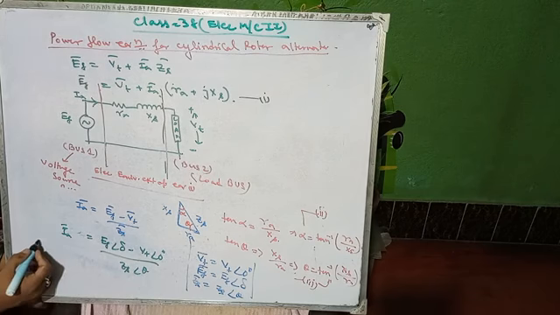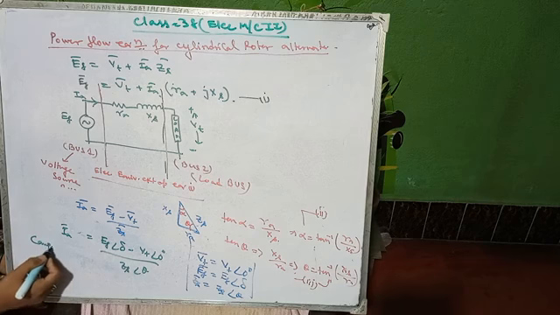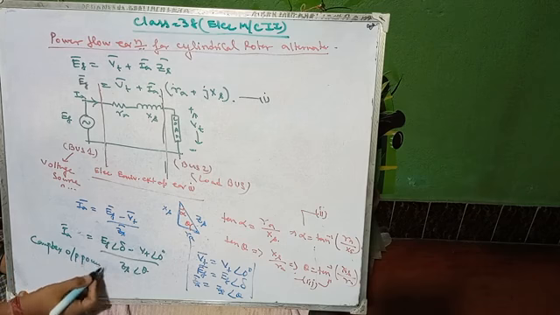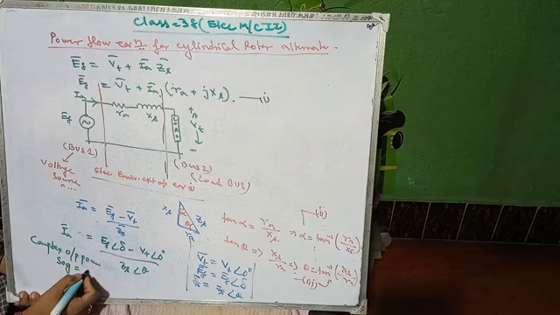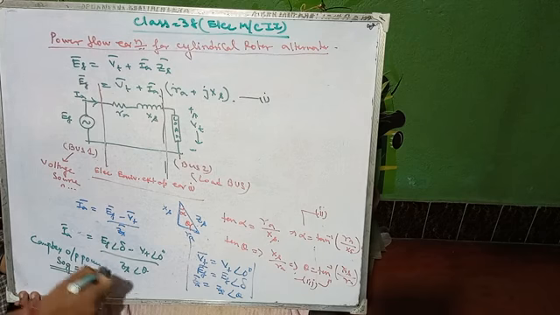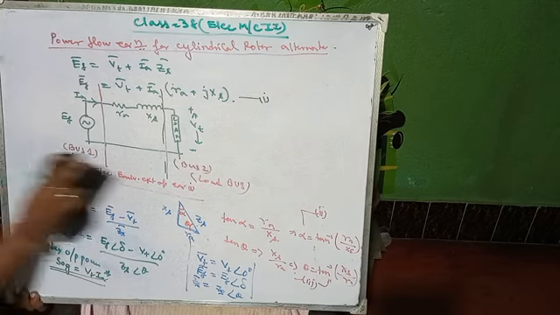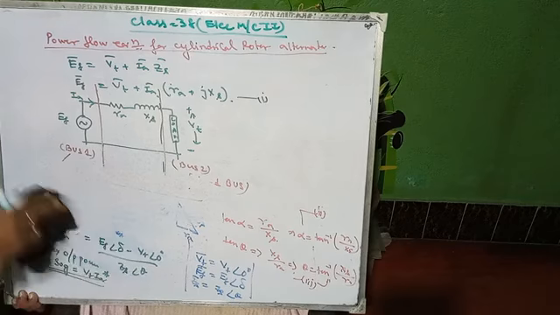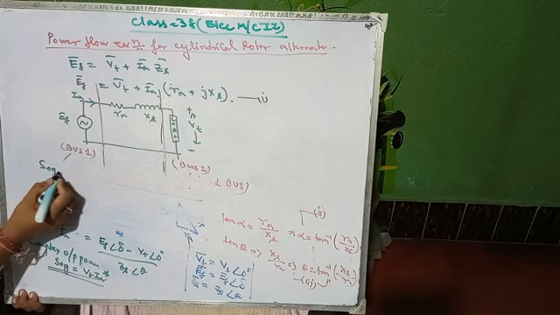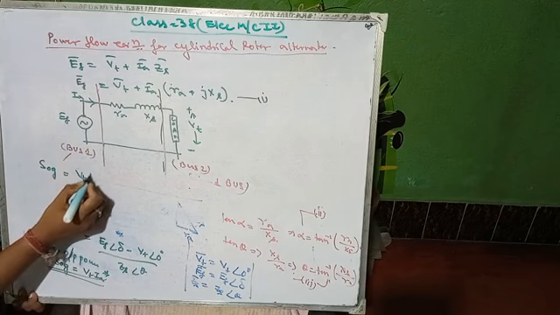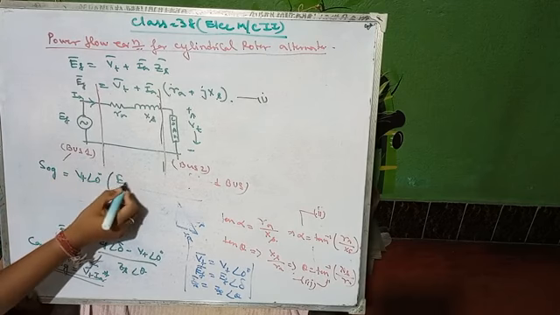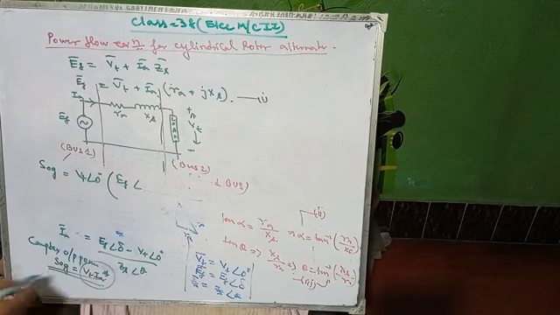Now you have to find the complex output power. From the complex output power equation, SOG equals Vt into Ia star. Why this relation?